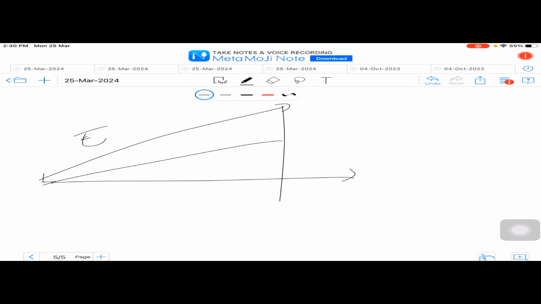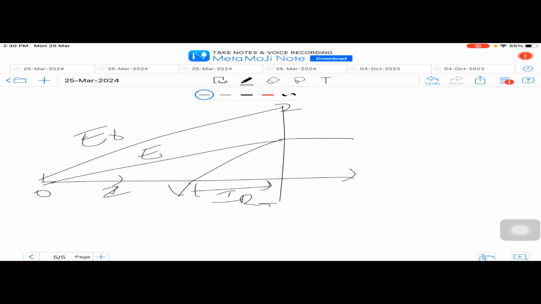This is our E0, and this is the point V. This is the loss I into RA.